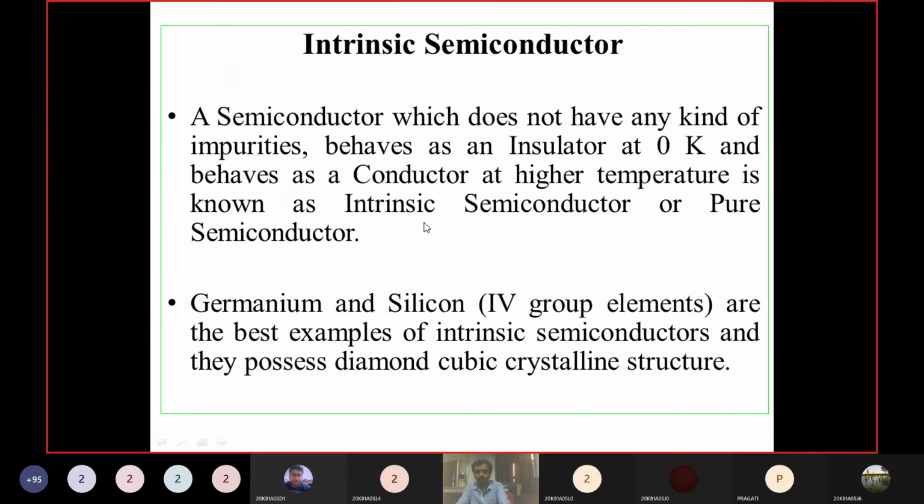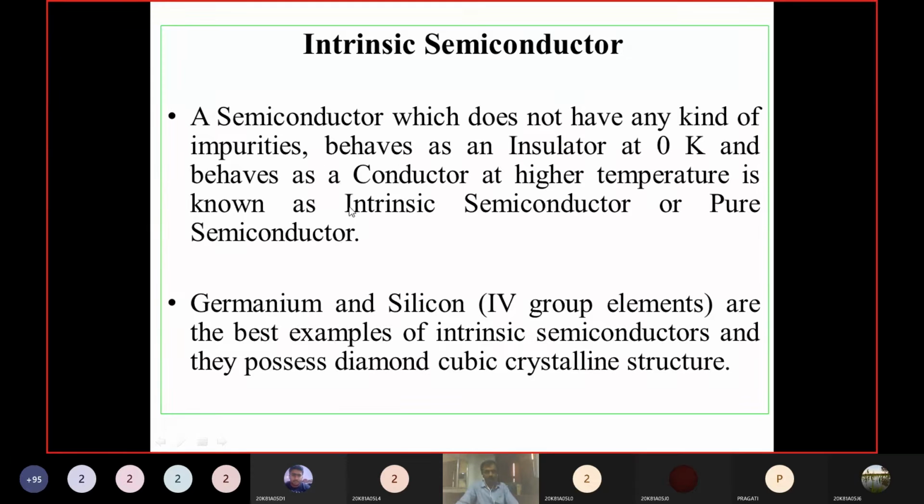Intrinsic semiconductors. Once again we will read here: a semiconductor which does not have any kind of impurities, behaves as an insulator at 0 Kelvin, and behaves as a conductor at higher temperature, is known as an intrinsic or pure semiconductor. That is the definition.